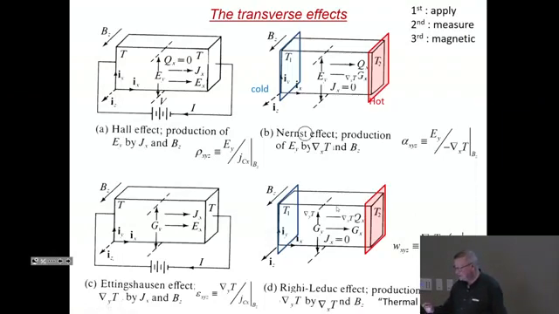Now, the Nernst effect is the same as the Hall effect, except under the presence of a grad T. Nernst effect is Ey over minus grad x of T in the presence of Bz, so transverse thermal power. The Ettingshausen I kept for last. So in the Ettingshausen, you apply a current.